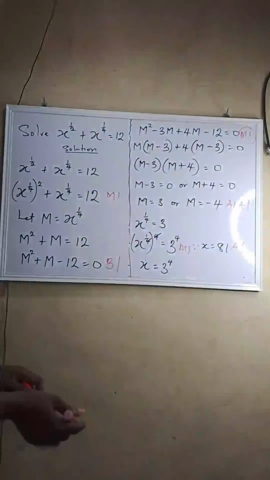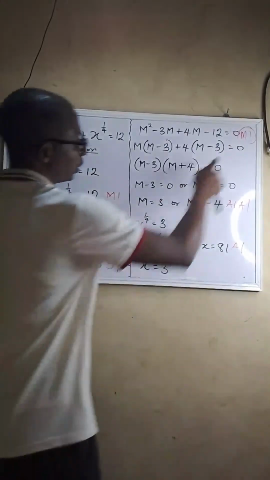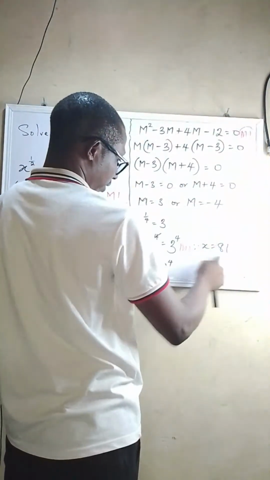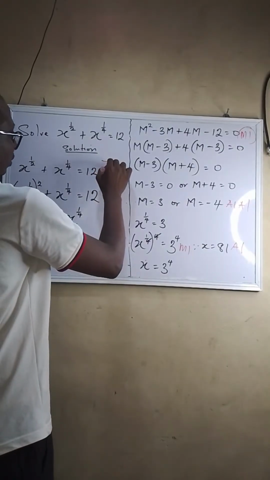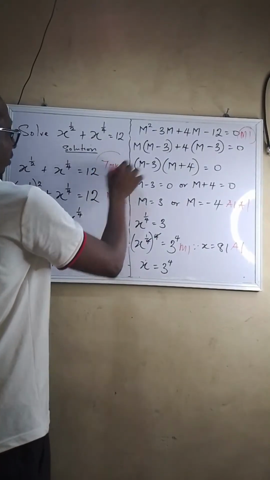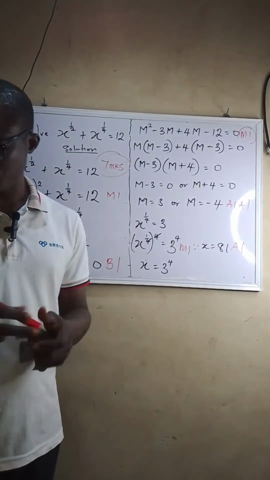So the total marks altogether will be 1, 2, 3, 4, 5, 6, 7. 7 marks altogether. Okay, so that is the solution to that problem.